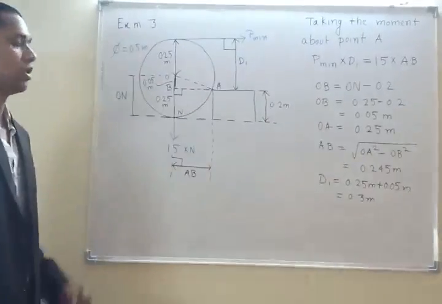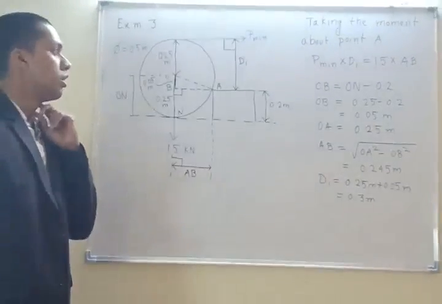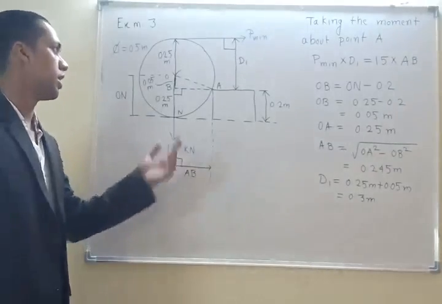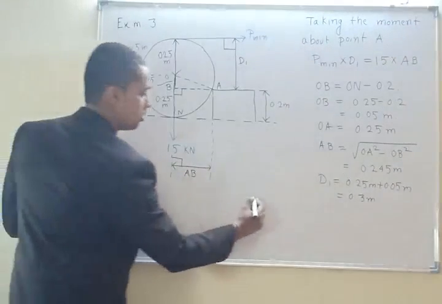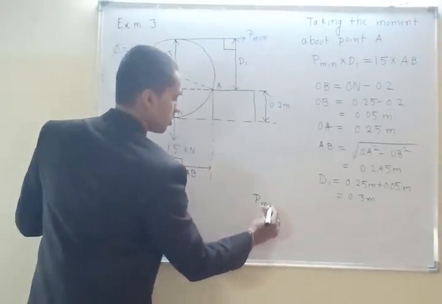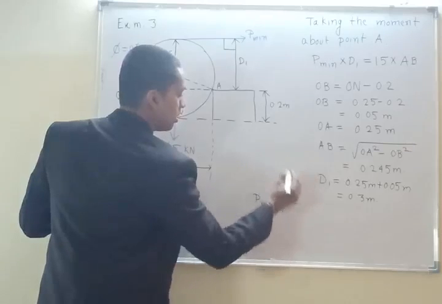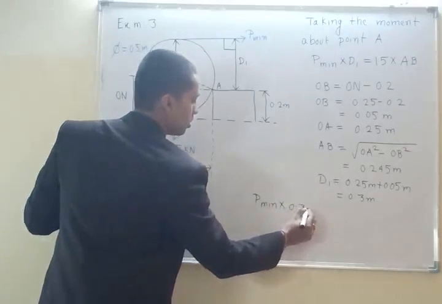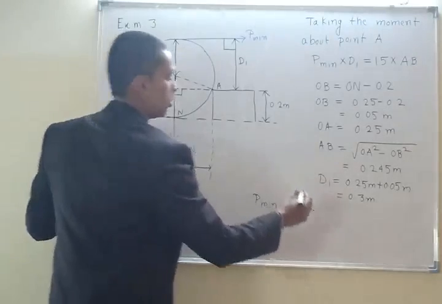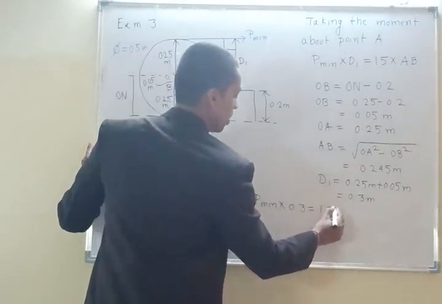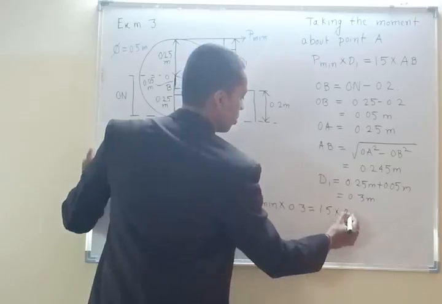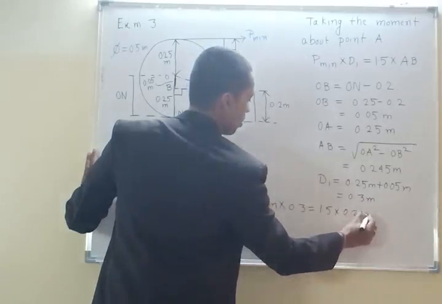D1 is 0.3 meter. Now everything we have found, directly we can calculate. P minimum multiplied by D1, 0.3, should be equal to 1.5 multiplied by 0.245.